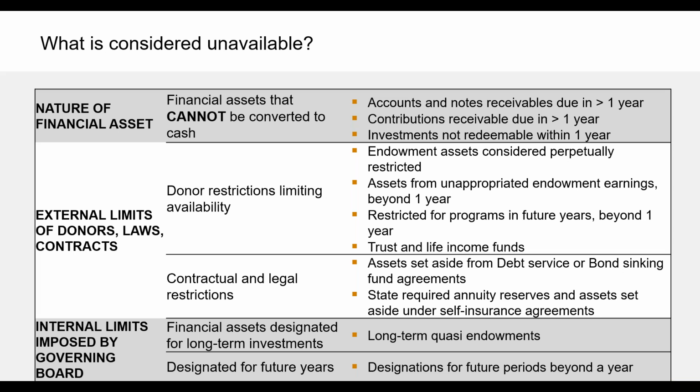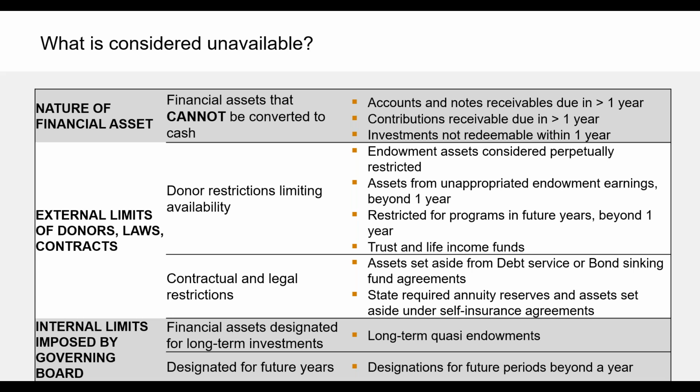So when we talk about liquid assets, financial assets that are available, what do we mean when we talk about them being unavailable? This is a quick table that's helpful. We've seen many clients use this as they develop their disclosures, their liquidity policies. What financial assets are unavailable to meet their cash needs moving forward?